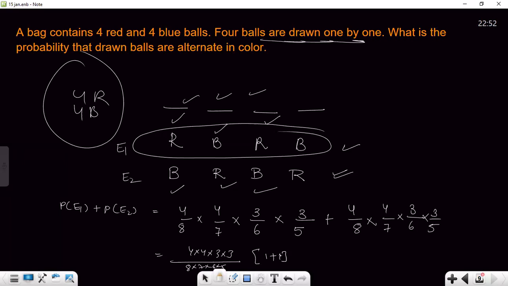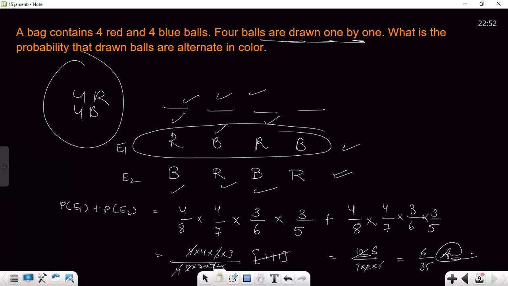Everything is common, so 1 plus 1 becomes 2. 2 cancels 8 by 4, 4 cancels 4, and what is left? 3 cancels 6 by 2. 4 into 3, that is 12, divided by 7 into 2 into 5. 2 cancels 12 by 6, 6 by 7 into 5 is 35, which is our answer. Let me check. Yes, it is the correct answer.